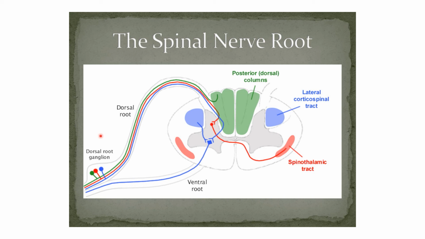Now, the input can be pain, it can be tension, it can be position in space, it could be numbness, it could be tingling, it can be all of these things. So as the input comes in, the first thing that happens is they all meet up here, and the brain and the spinal cord start to determine what is important.